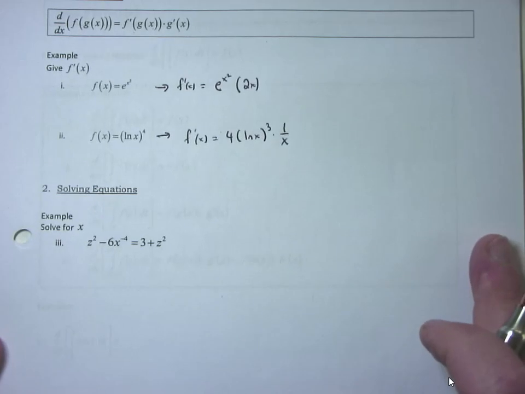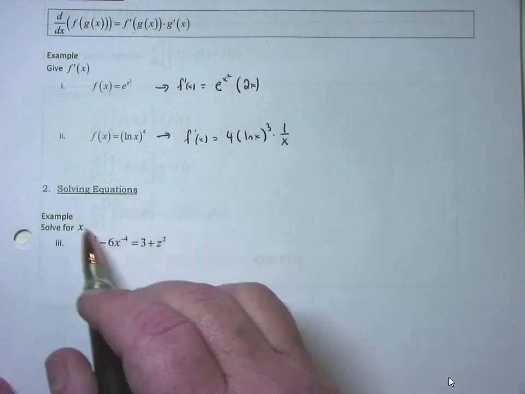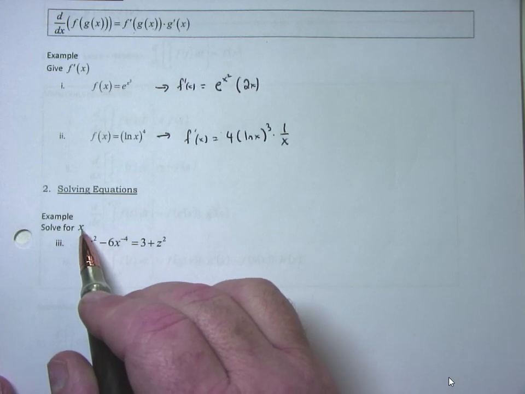The other thing you're going to need for this particular section is the ability to solve for a variable. And don't let it throw you off because I have multiple variables here. Let's take a look at this thing. z squared minus 6x to the negative fourth equals 3 plus z squared. Your mission is to solve for x. To solve for x, I want to get the x by himself.